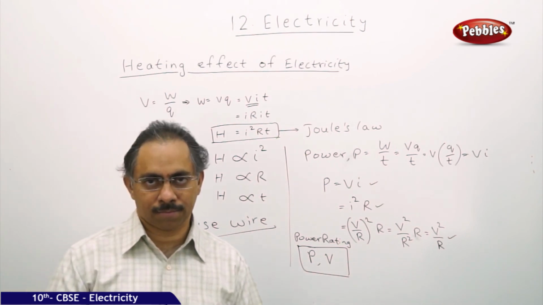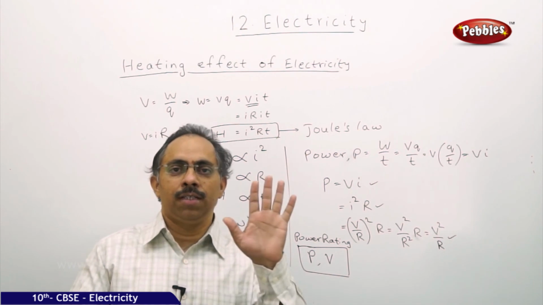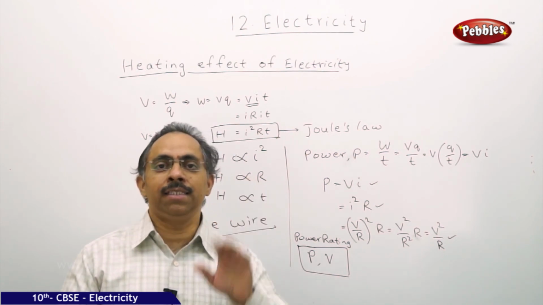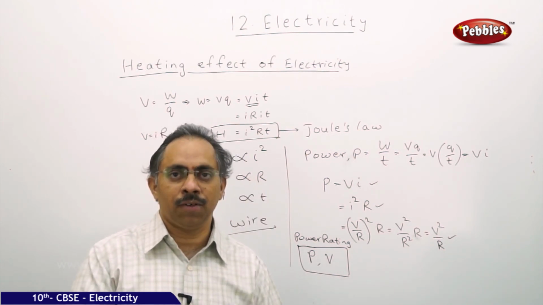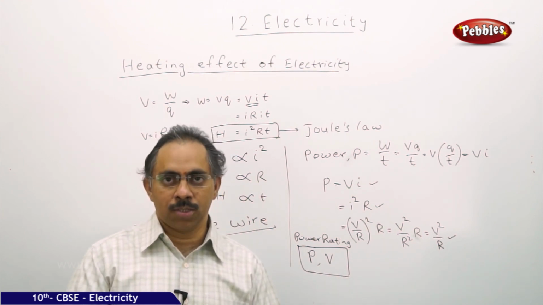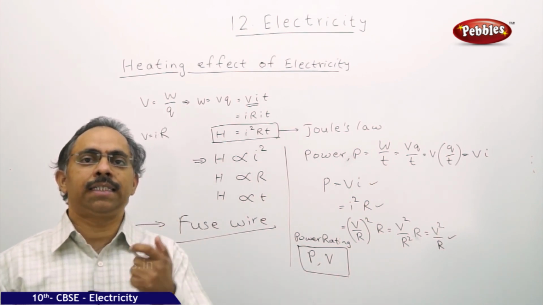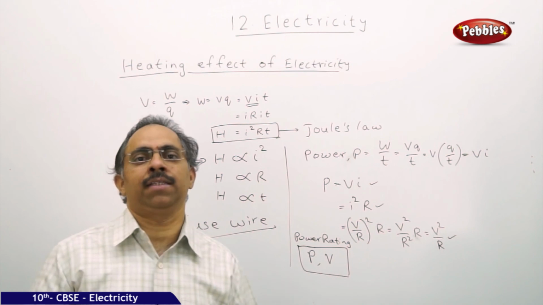This is what you calculate using the domestic electrical energy meters installed by the corresponding electricity board. They measure how many units of electrical energy you have consumed across a month.